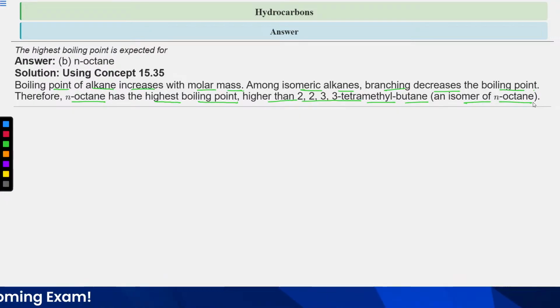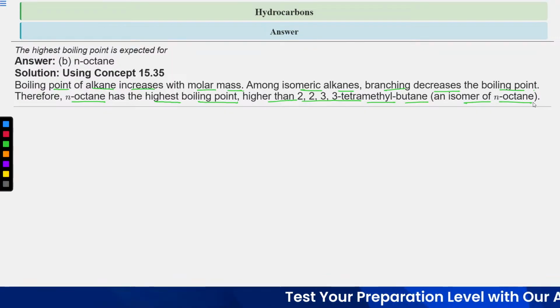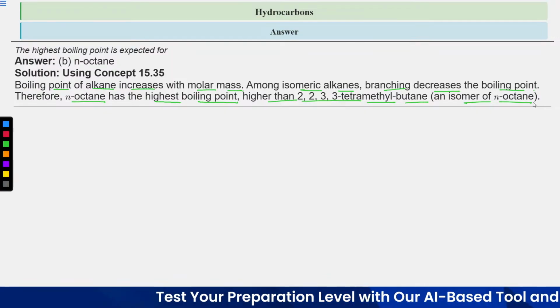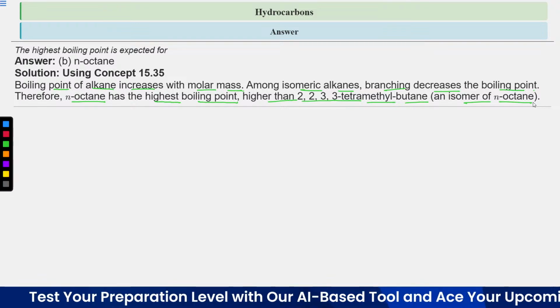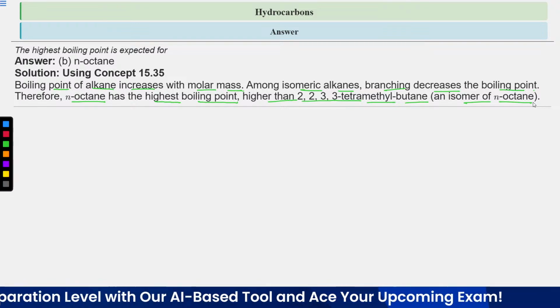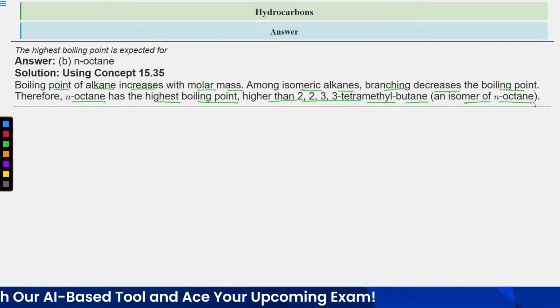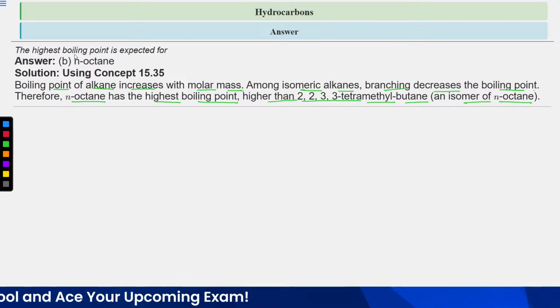So carbons are the same, but here branching is present, here no branching is present. And as the branching increases, the boiling point will decrease. So the boiling point of 2,2,3,3-tetramethylbutane will be lower, and among the options, the highest boiling point will be observed in N-octane. That is why the correct answer is option B.